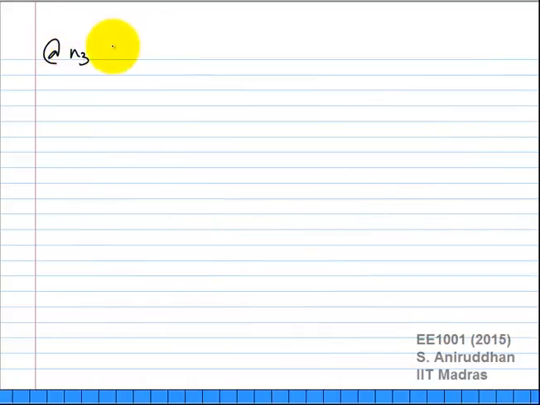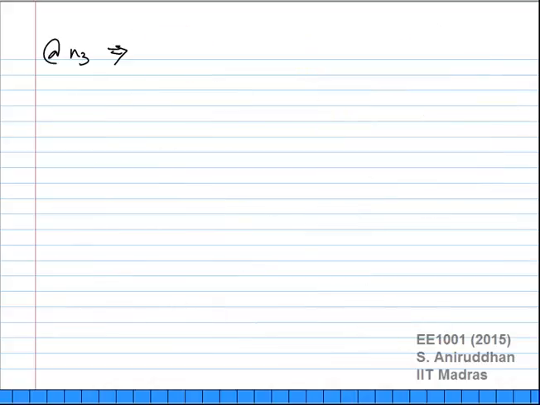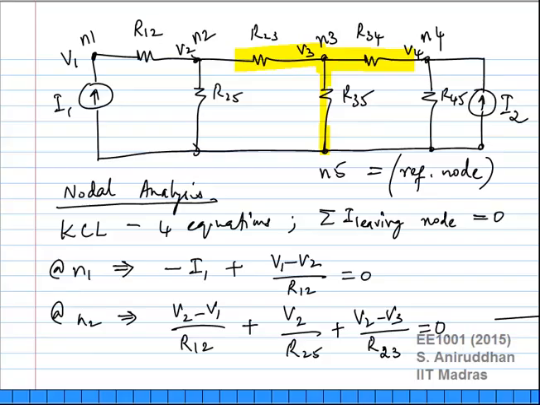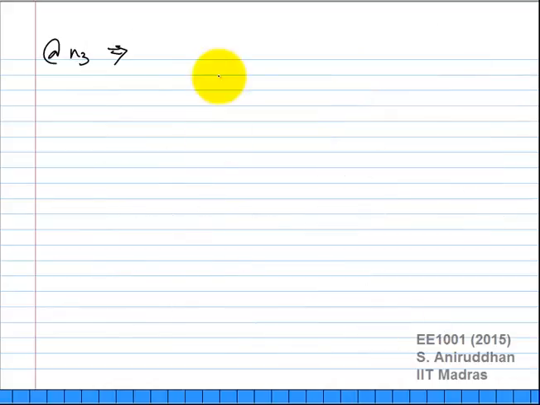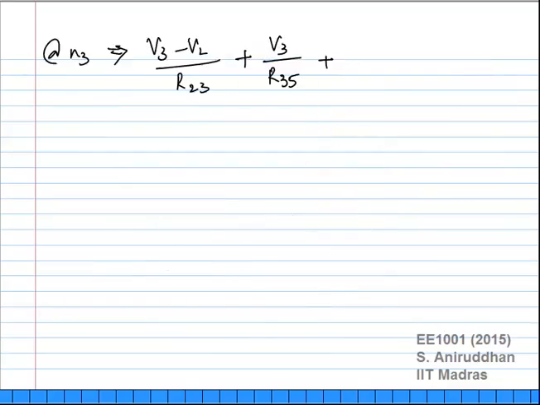At N3, okay, this current plus this current plus this current is 0. R35 plus, sorry, (V3 minus V4) by R34.